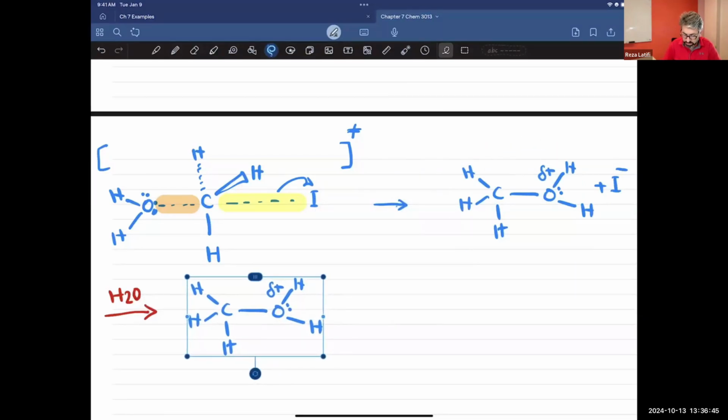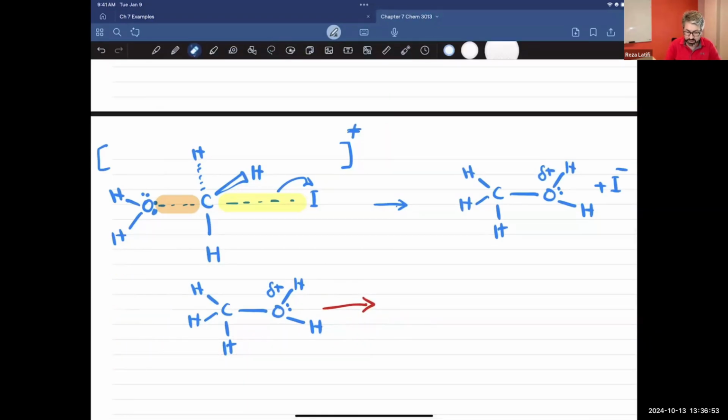If I treat this with water as the solvent, water is going to go after one of the acidic hydrogens.